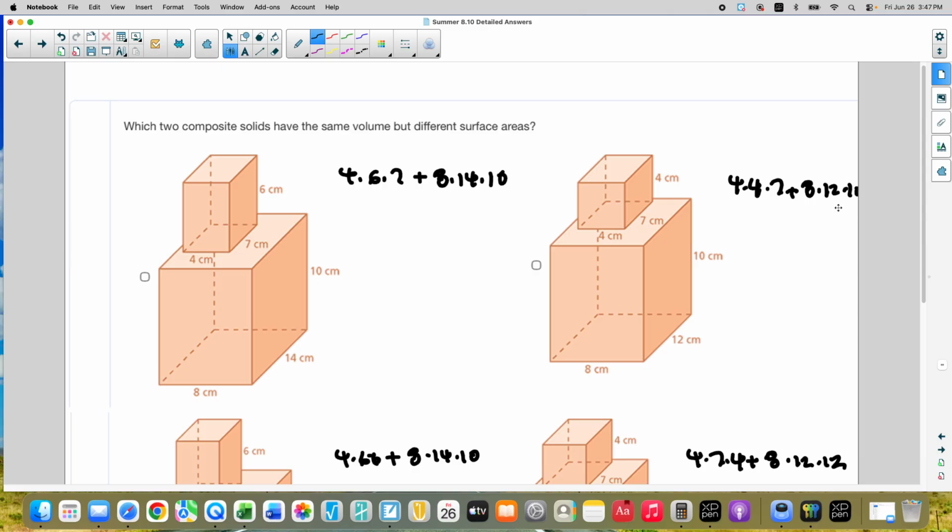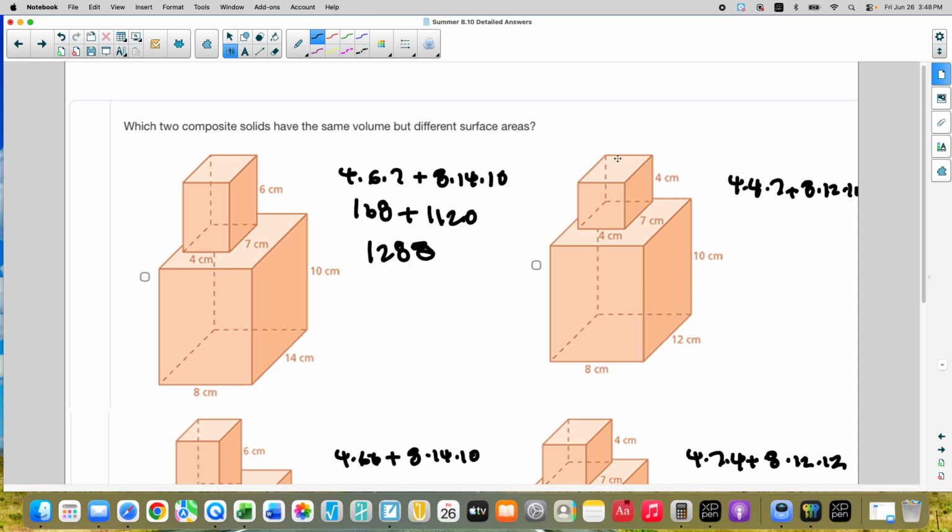So 4 times 6 times 7 gives us 168 plus 8 times 14 times 10 gives us 1120. 1120 plus 168 gives us 1288.